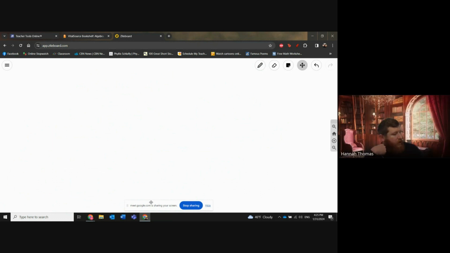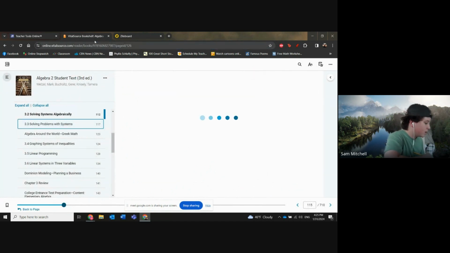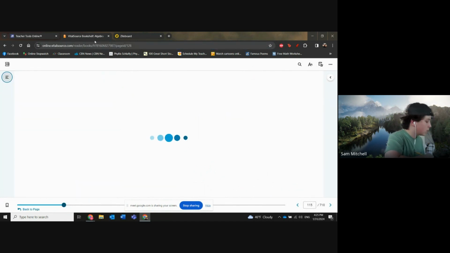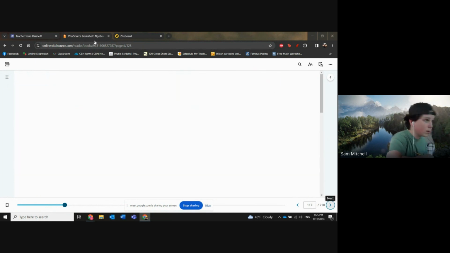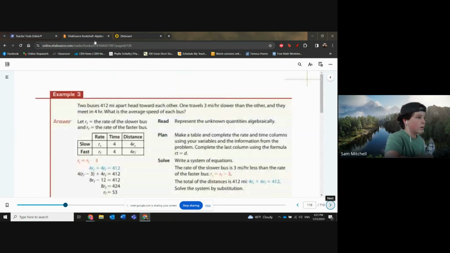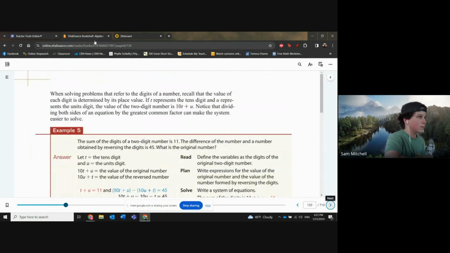Okay, for number 1, find two numbers whose sum is 91 and whose difference is 17. So first you have to do what? You can do x plus y equals 91. Then you can do x minus y equals 17. That's kind of how I put it.